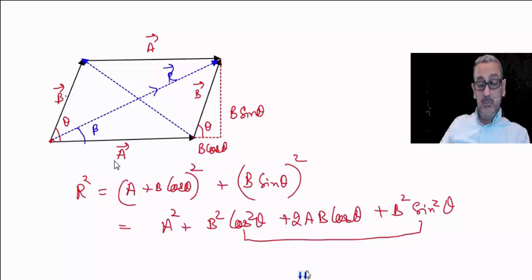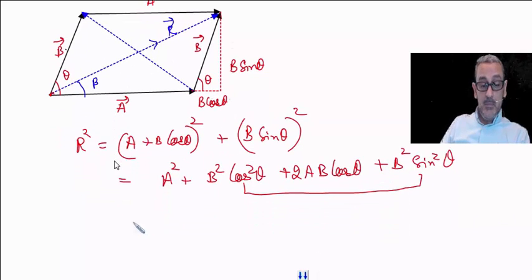Cos square theta and sin square theta make the value 1. So it comes out to A square plus B square plus 2AB cos theta.